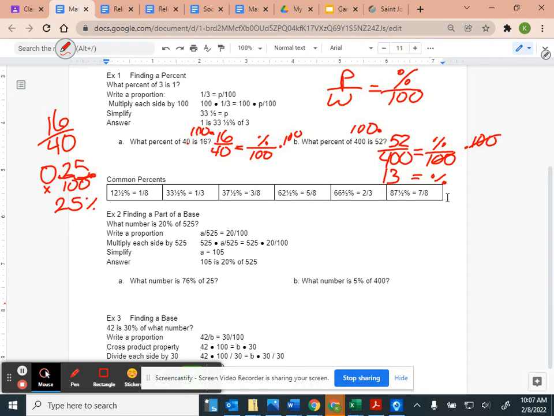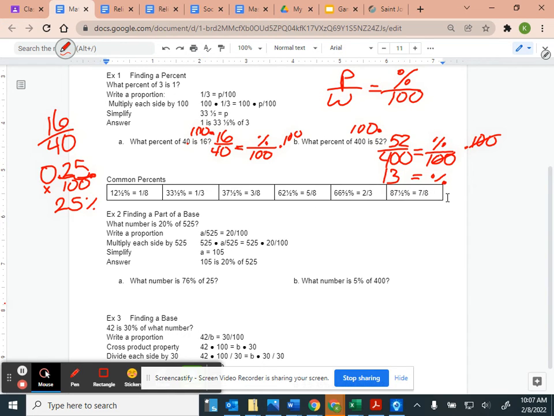These are just some common percentages and fractions. So when it comes time for test taking, which won't be for a little while, you might want to put these common percentages on your help sheet. Okay, so just thinking ahead, these are just common ones that we can know.